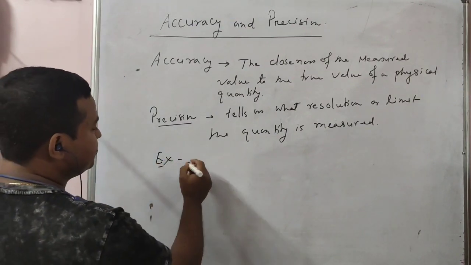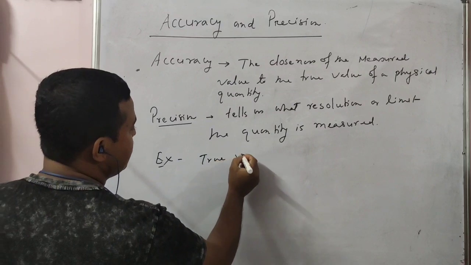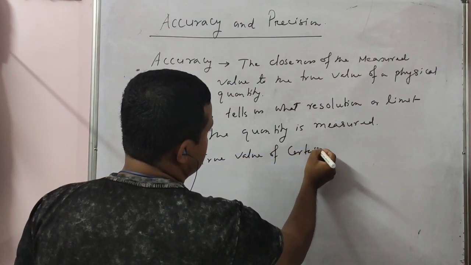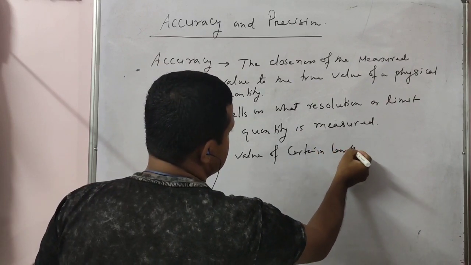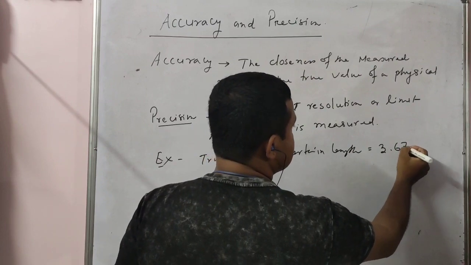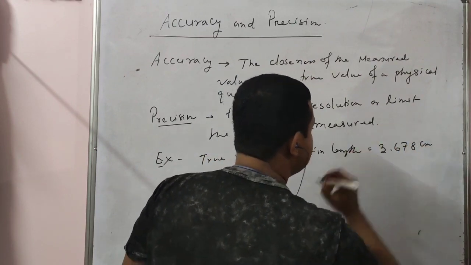For example, the true value of a certain length, say 3.678 centimeter. This is the true value.